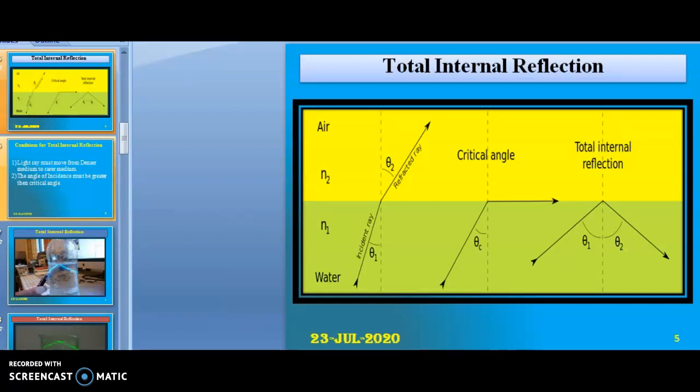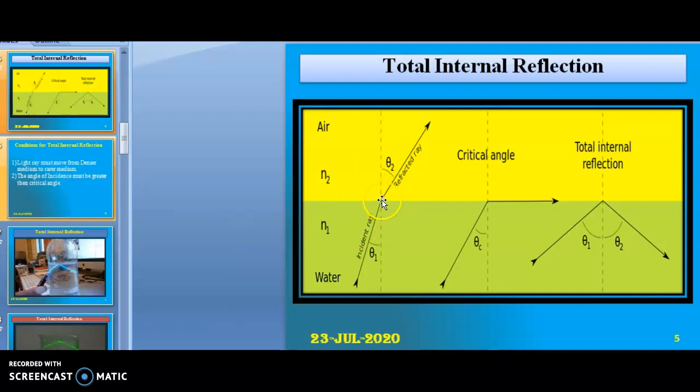Now let us explain total internal reflection in detail. Let us consider this is water, that is denser medium when compared with air medium. So here the light ray is traveling from denser medium to rarer medium, that is from water to air. This is the light ray incident on the boundary separating water and air.